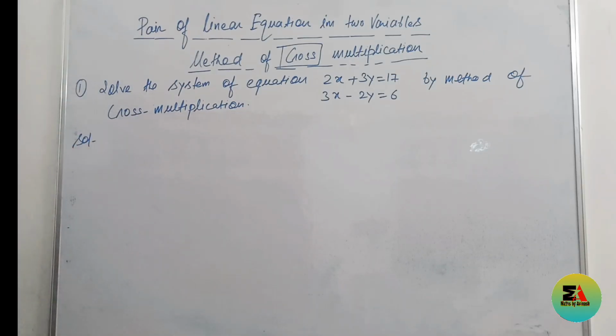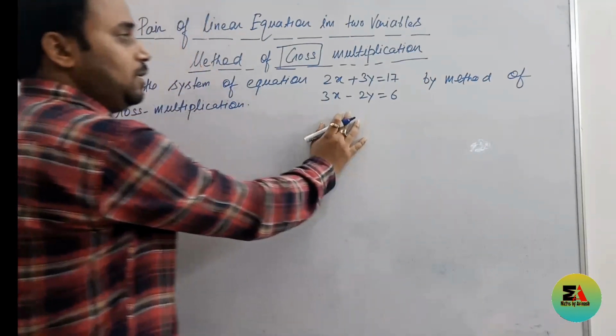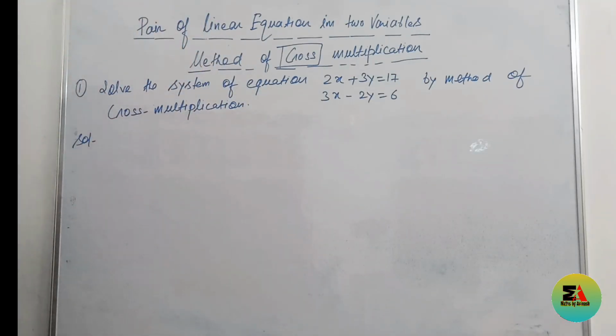Now see what the question says. We have two equations given. We have to find the solution of these equations by using the cross multiplication method.